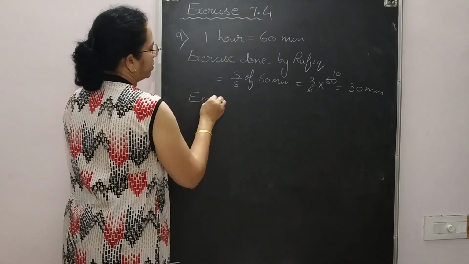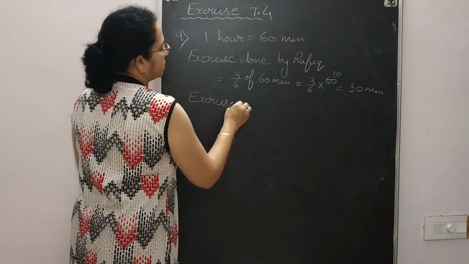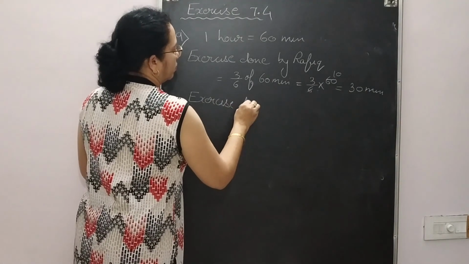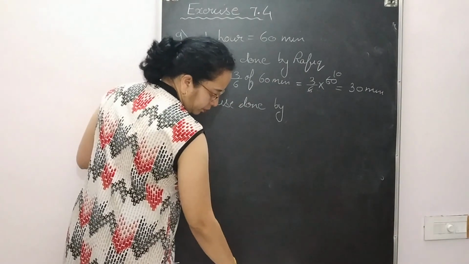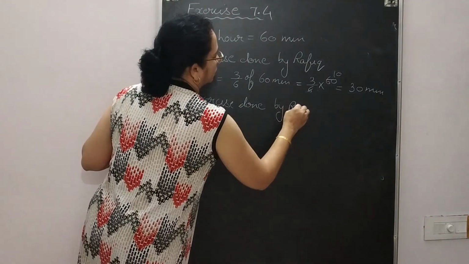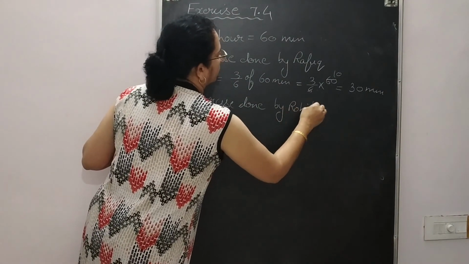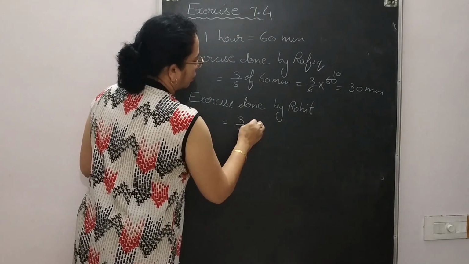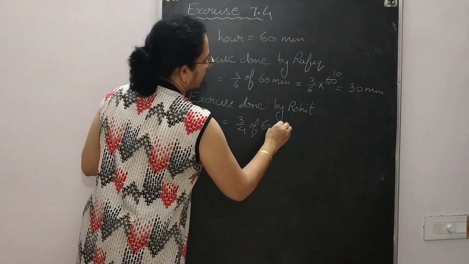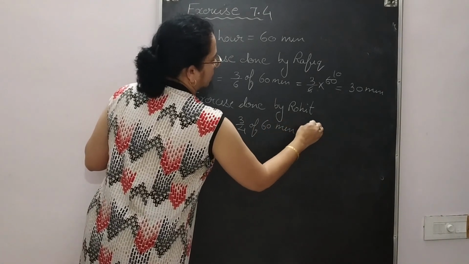Similarly, we can find out for another person. So exercise done by Rohit. How much time it is given? 3/4 of 60 minutes.